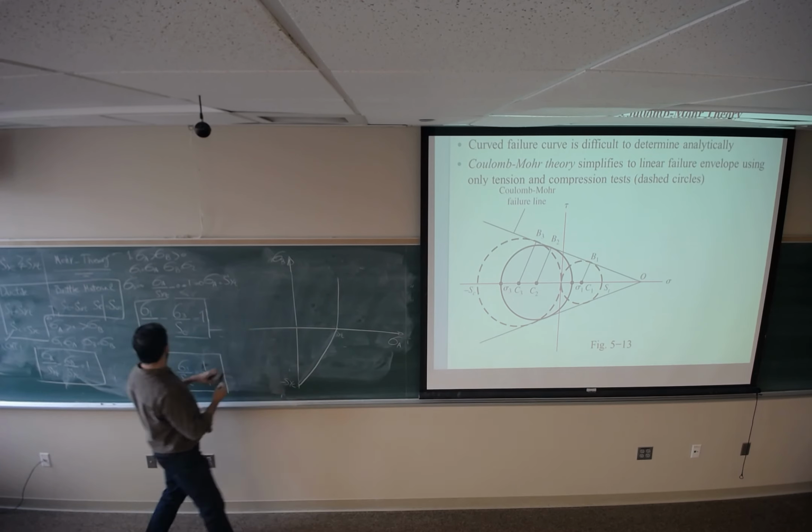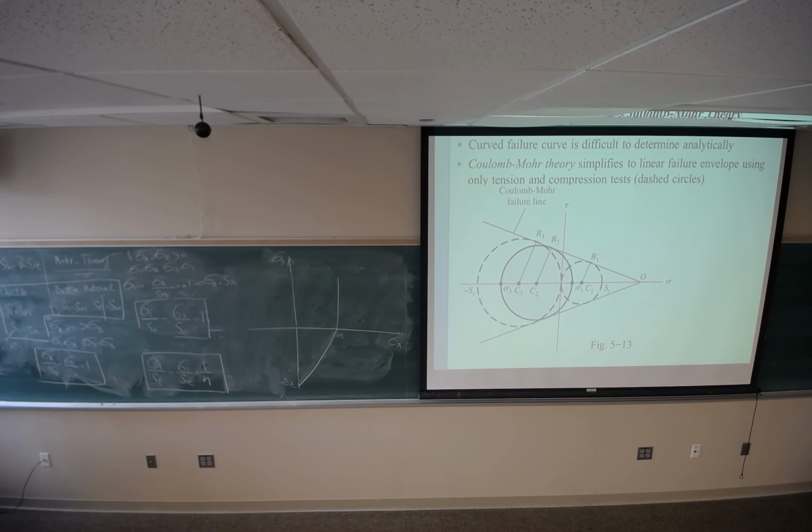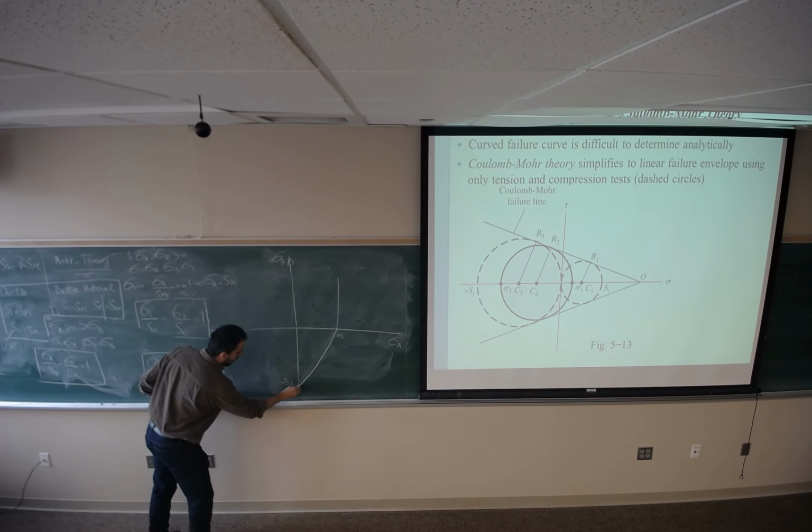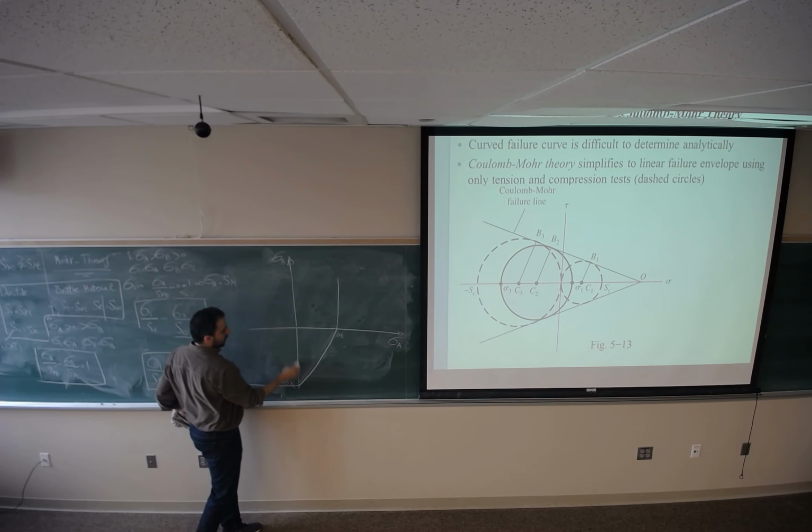And case 3, both are negative. So sigma 1 is 0, sigma 3 is sigma B. Negative sigma B divided by SYC equals 1, so sigma B equals negative SYC. This is sigma B equals negative SYC.